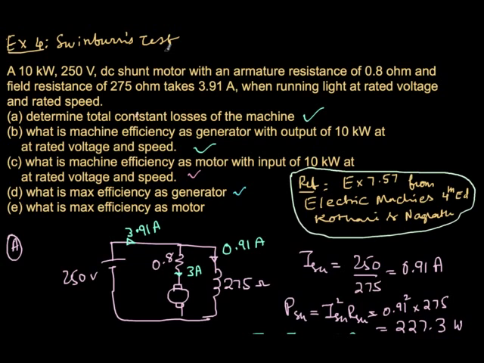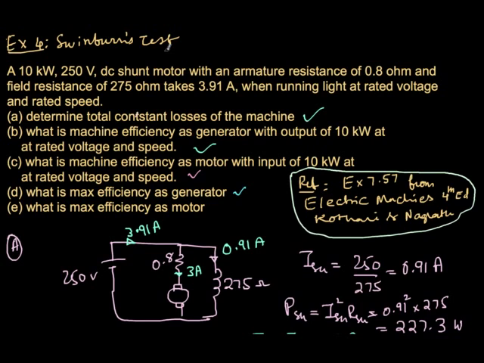Now, some of the disadvantages of Swinburne test is that in this test, the effect of temperature rise of the machine is not considered. Because we are doing the test under no load condition, we don't know how the temperature rise will change the parameters of the machine. Therefore, it is not as accurate as actually loading the machine.